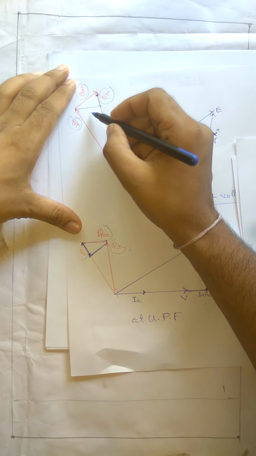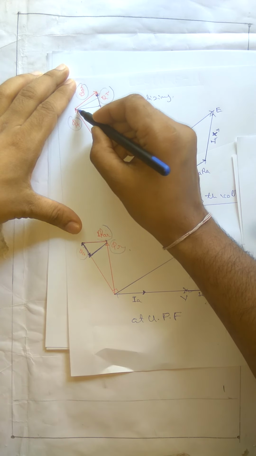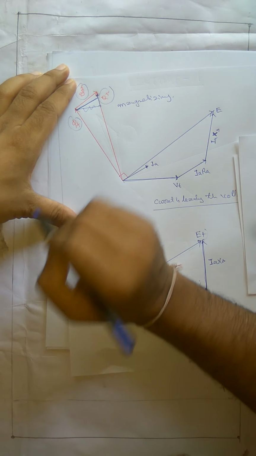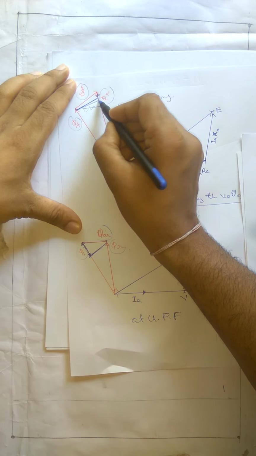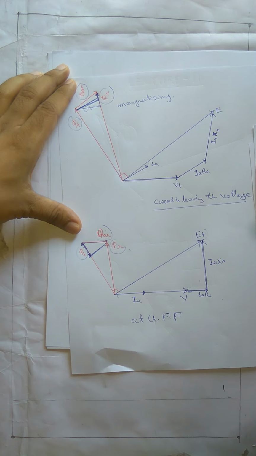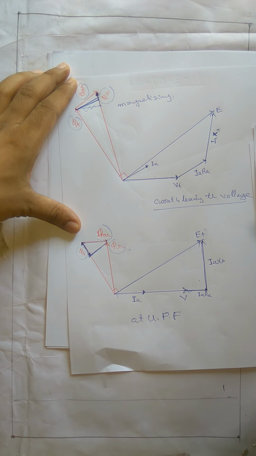If you look here, this much is the cross magnetizing component and this much is your magnetizing component. So armature reaction has two components. One is a cross magnetizing component, another is a demagnetizing component.